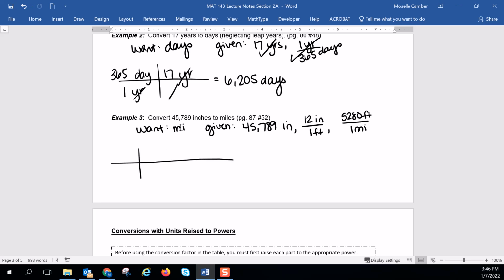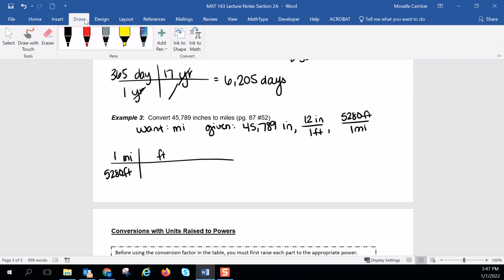So I start with what I want. I want miles. So what do I know about miles? Well, I know 1 mile is 5,280 feet. Now I have feet in my answer, but I don't want it, so I need to put feet here.